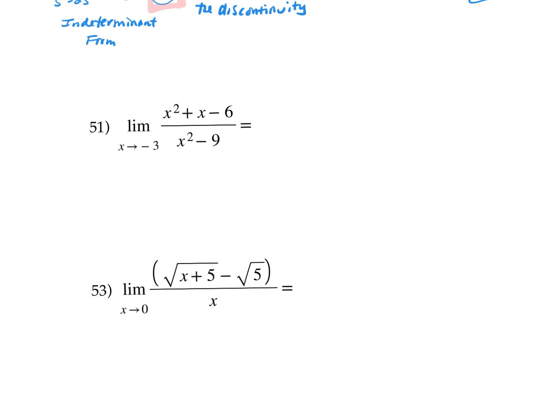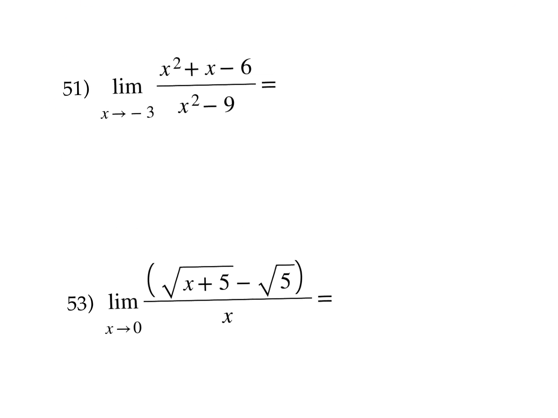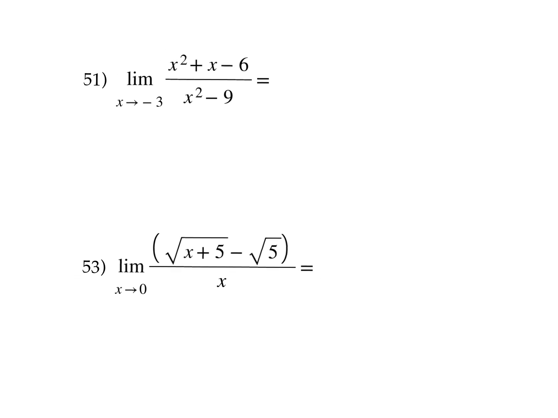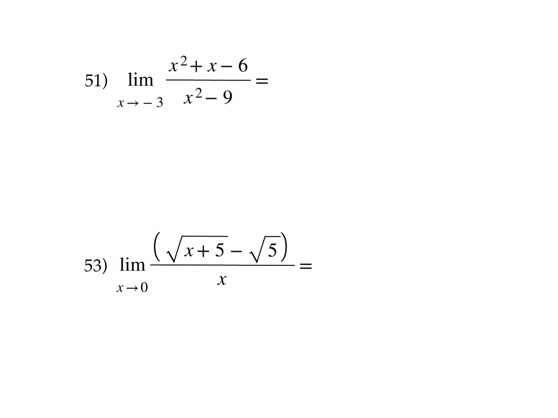Okay, so number 51 is going to be similar, right? We have 2 where factoring and reducing will help us. All right, a little crooked there.